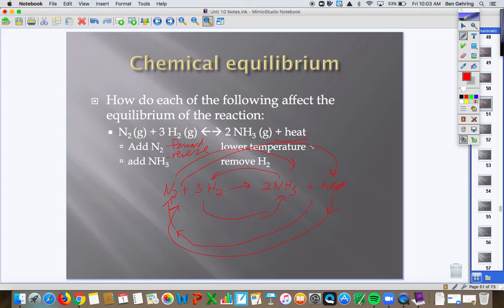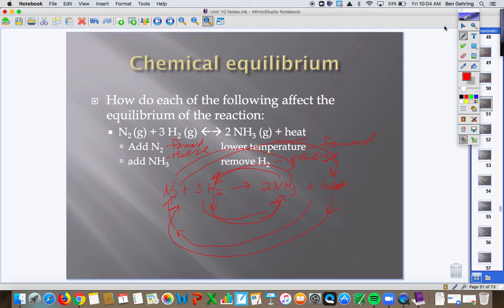I need more heat, so this is going to promote the forward reaction. And if I remove hydrogen, so H2 goes down, I complete my circle. It doesn't really matter which way you draw it, just go to the other side of the arrow. To complete the circle, I go this way, so this is again the reverse reaction.